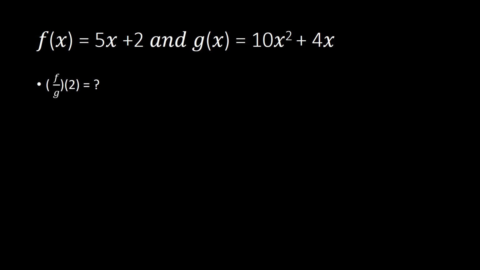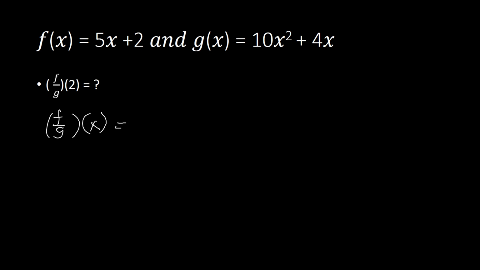Next, we go for f over g of 2. Again, you have the freedom to evaluate each function first and then divide after, or divide the function first and evaluate after. So let me just divide my function first. I'll be looking for f over g of x.